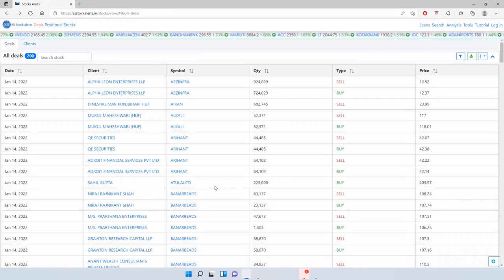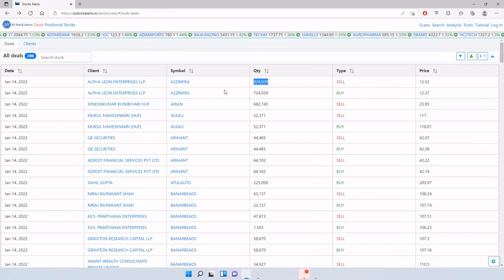Basically there are three types of deals we consider. Let us see an example here. This client bought these shares on the same day and sold them on the same day. That is nothing but intraday. These will not be helpful for positional trades, because they are just giving a volume buzz and they are not carrying positions.